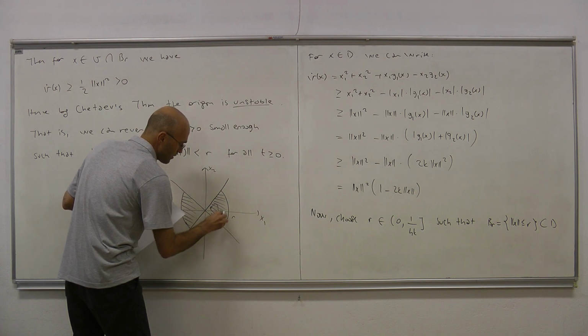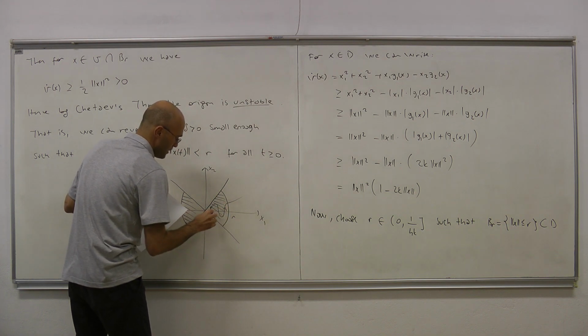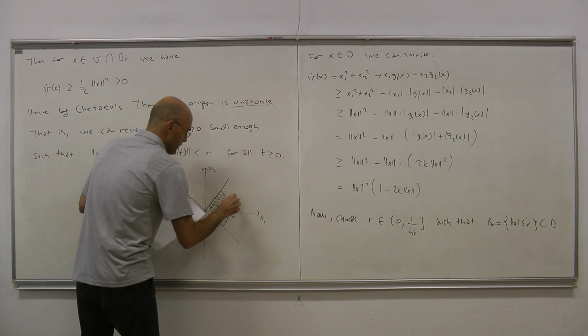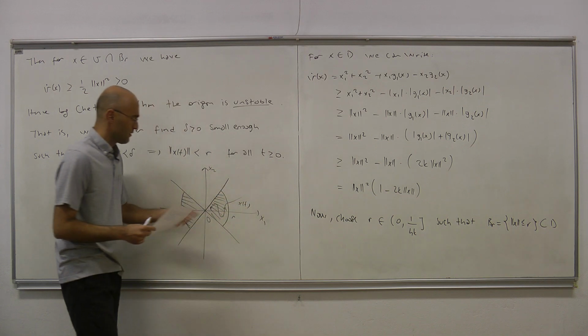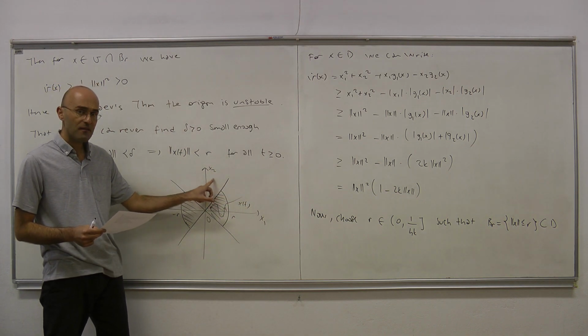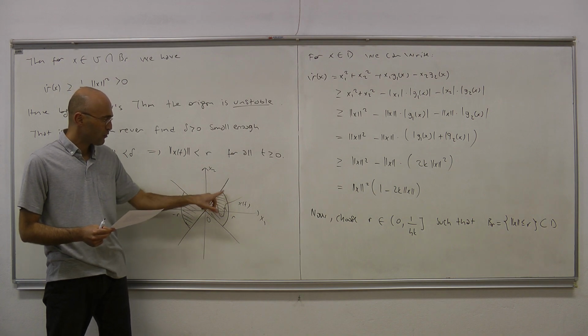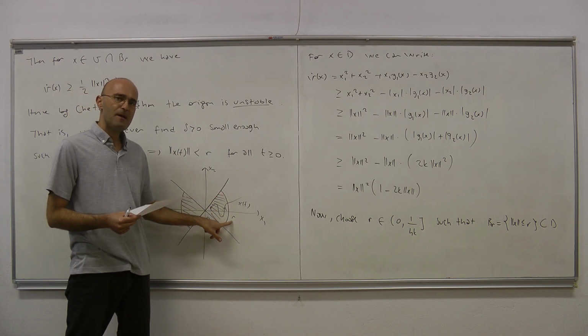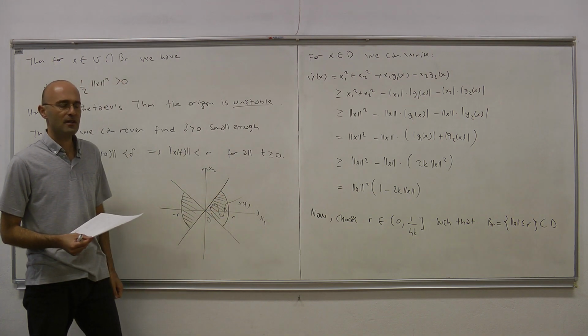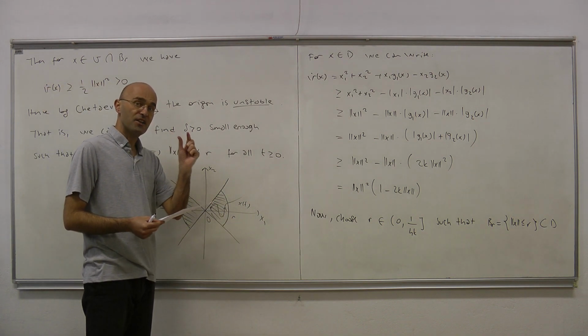At some point, we have to leave the set from this border, and leaving the set from this border means that the norm of the solution has to hit R at some point.